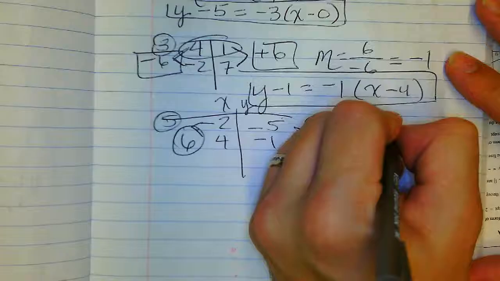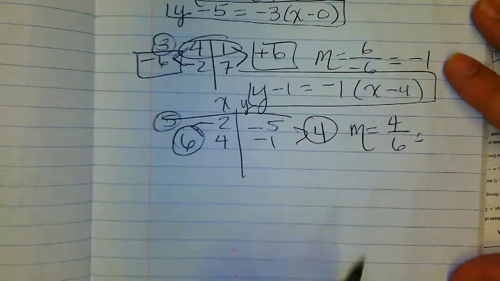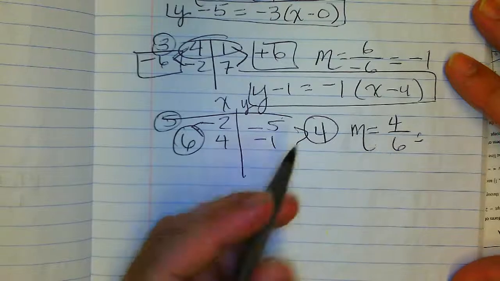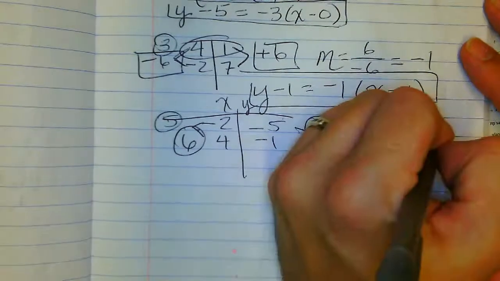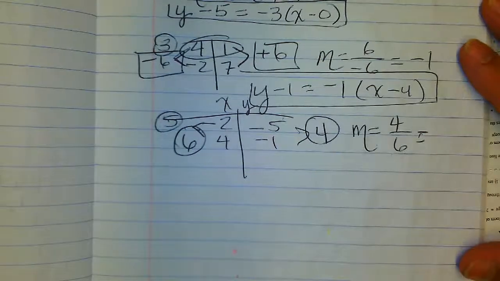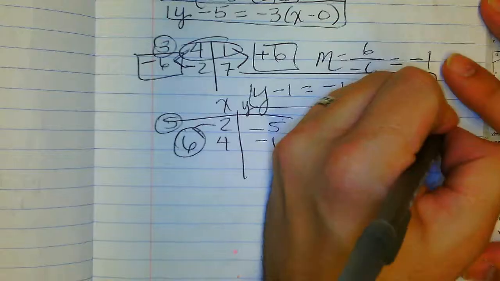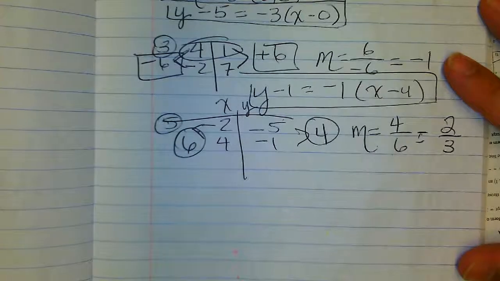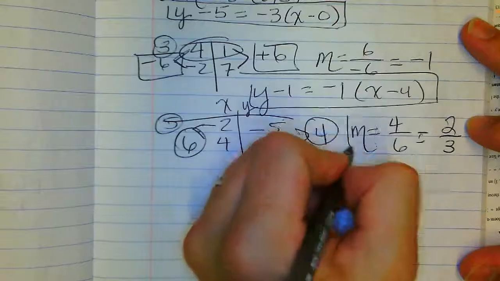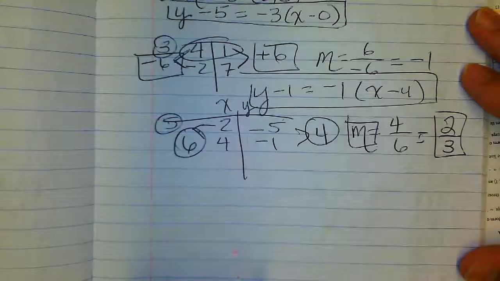Yeah, very good. We're going to put the 4 on the top and the 6 on the bottom. What did you get when you got that? Okay, and what was that number? Yeah, 2/3. That'll work. All right, so here is your slope, m equals 2/3.